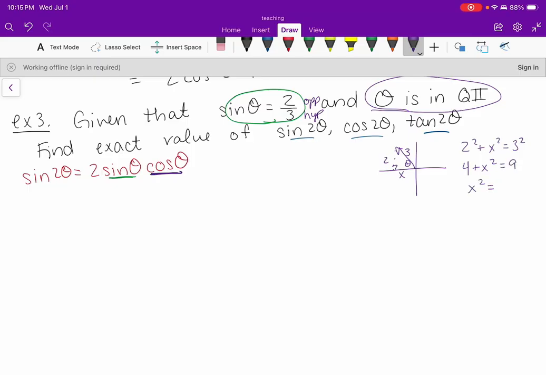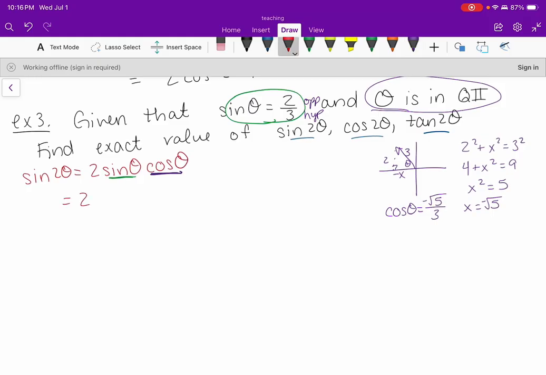I get x squared equals 5, so x equals square root of 5. So my cosine of theta is negative square root 5 over 3. Negative because in quadrant 2 we have the negative x-axis.